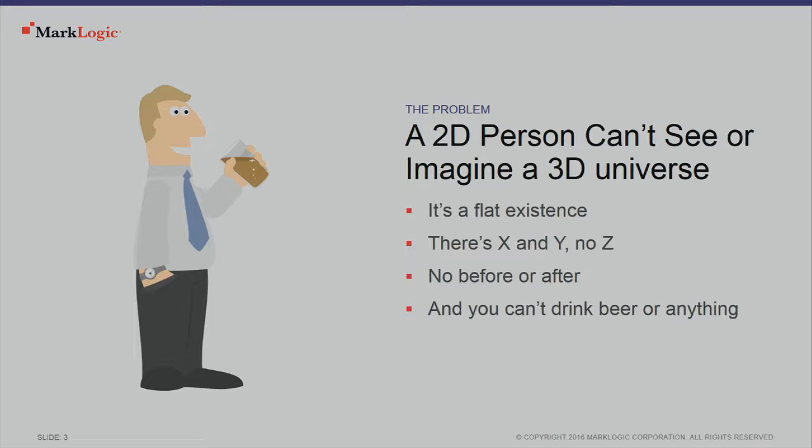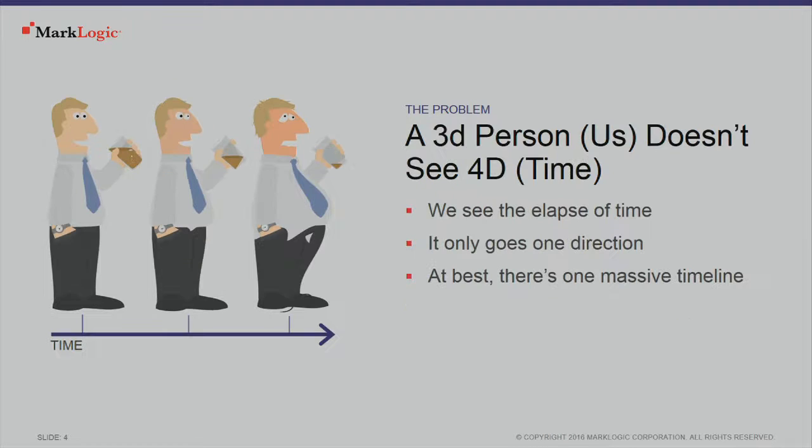You can't really ingest liquids, whether beer or water, because there's no place to put it. There is no inside, no outside, no before or after. And a 2-dimensional being couldn't even imagine dimensions above it, because everything is in those XY axes.